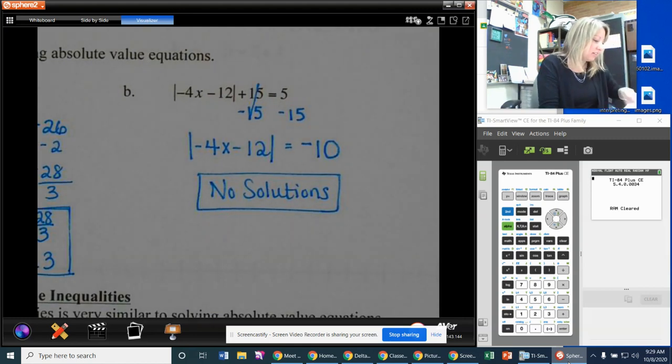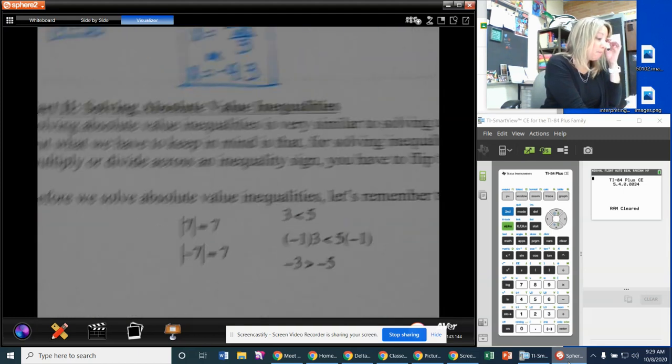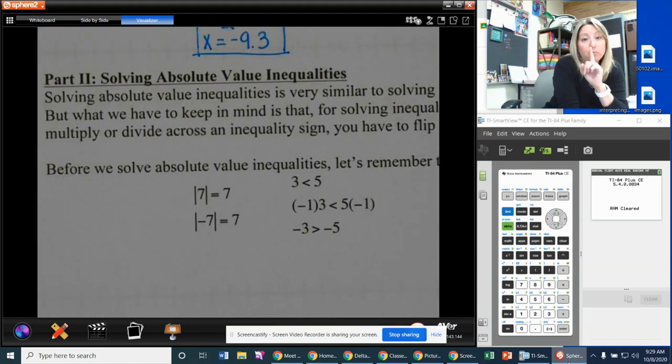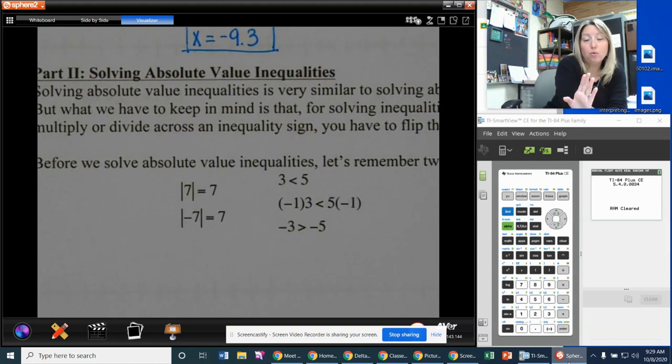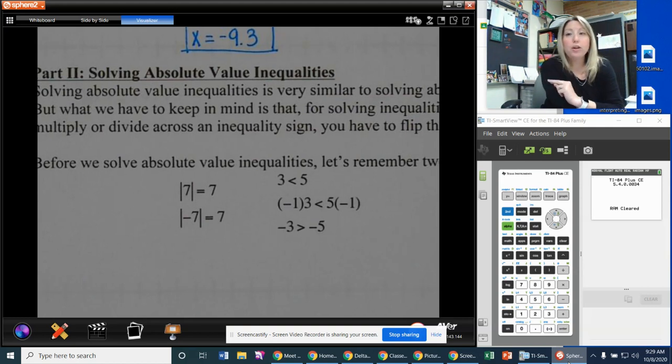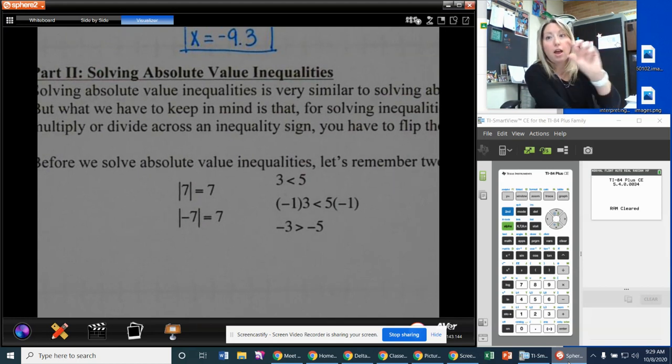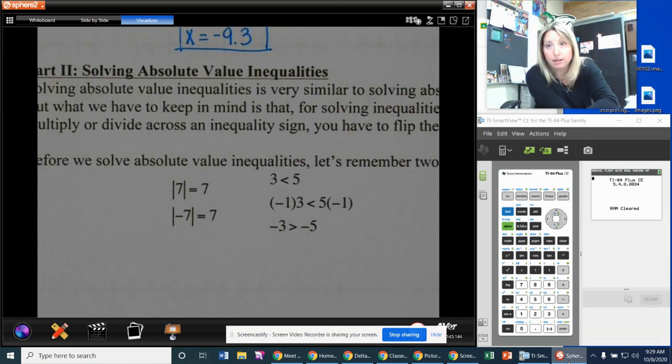Let's inequality this thing. Before I show you absolute value inequalities, remember that when solving an inequality, if you multiply or divide both sides of an inequality sign by a negative number, you're going to end up having to flip your inequality sign.